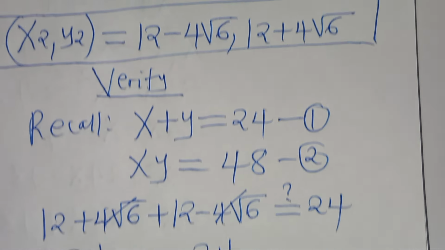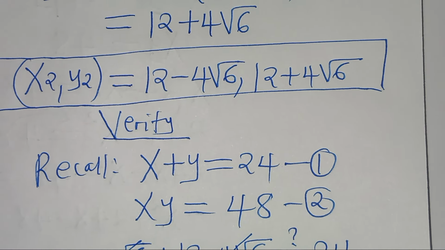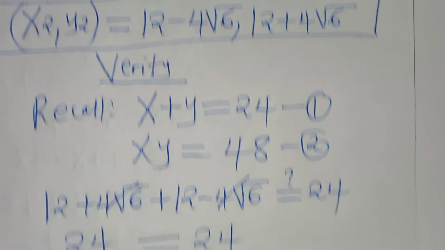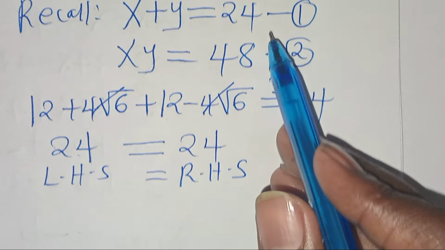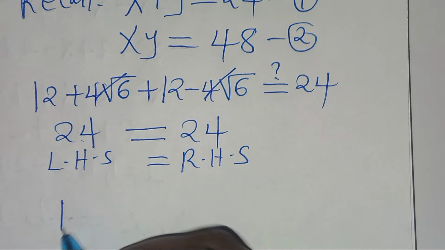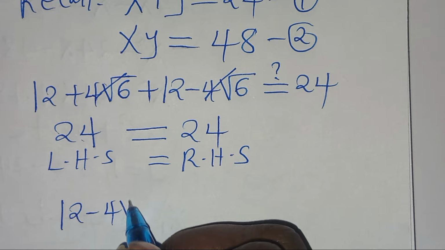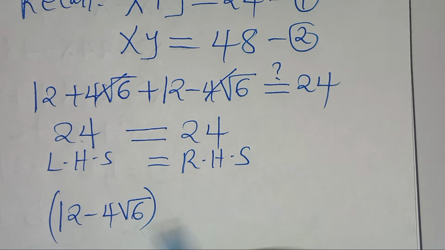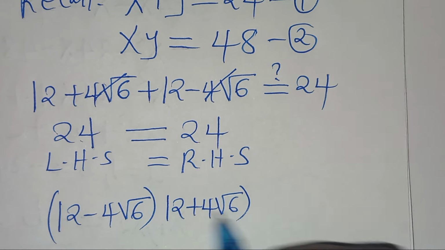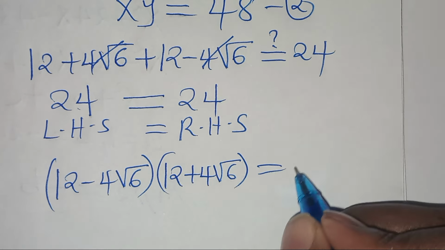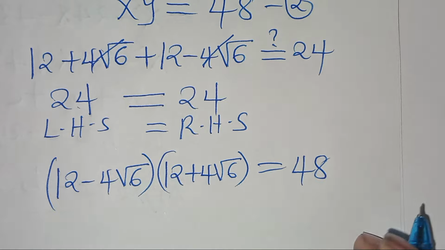So let's take x2 comma y2 from here. Let's use equation 2. Equation 2 is x times y. This should give us a value of 48. So we have 12 minus 4 square root of 6 multiplied by 12 plus 4 square root of 6. This should give us a value of 48.